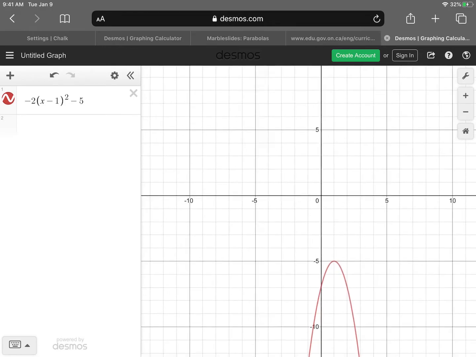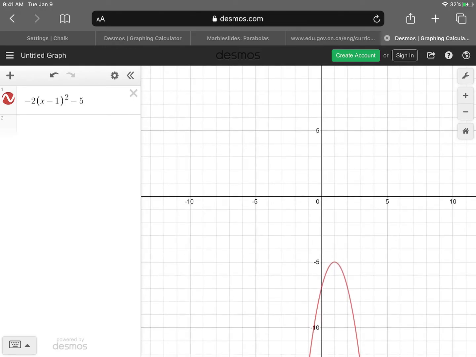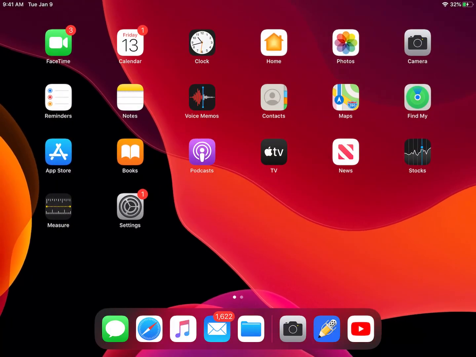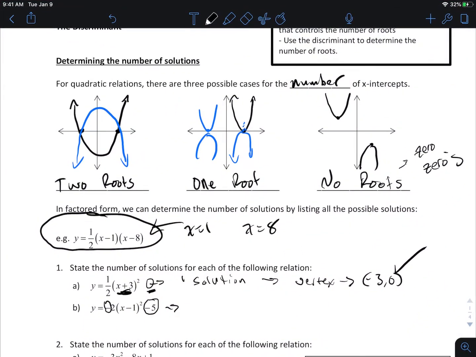I took the original, moved it to the right 1, and then down 5. But it's also opening down, so it's never going to cross the x-axis. So there are actually no solutions.